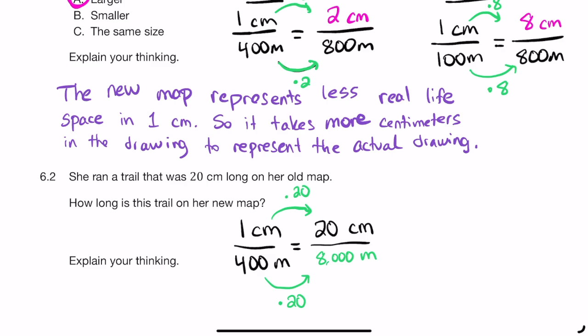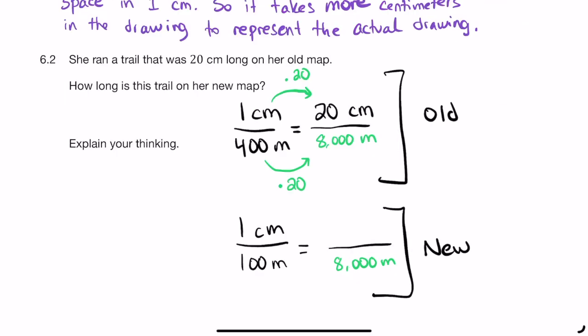So this is the old map. So now, given that, we have our new scale. So the new scale is that 1 centimeter is worth 100 meters instead of 400. But we know that the real-life distance that she went is 8,000 meters. So we're going to have that in the bottom, in the denominator, with the meters. And then we have to figure out, again, what are we multiplying by here? So to get from 100 to 8,000, that's a multiplication of 80.